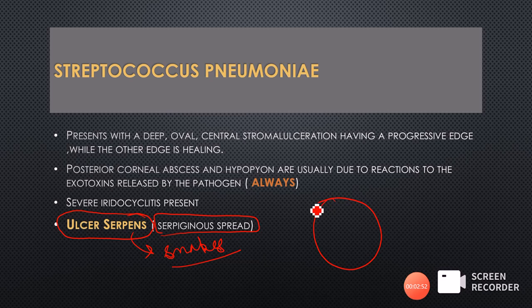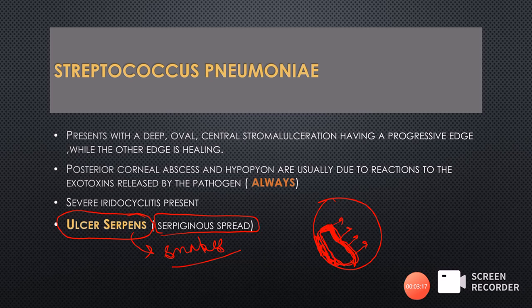to the center. So if we have an infiltrate like this, one edge of the infiltrate will always be active. So you will have more infiltration, more corneal edema towards one edge, and the edge where we have more corneal edema is called the active edge, whereas the other edge will actually be healing. So here this part of cornea will not have that much corneal edema and congestion.